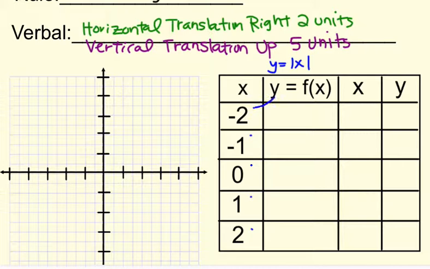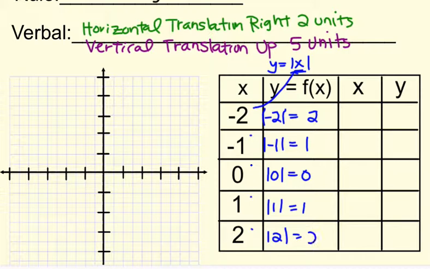We substitute in -2 for x. The absolute value of -2 is 2. We continue to do the same thing. Absolute value of -1 is 1. Absolute value of 0 is 0. Absolute value of 1 is 1. Absolute value of 2 is 2.